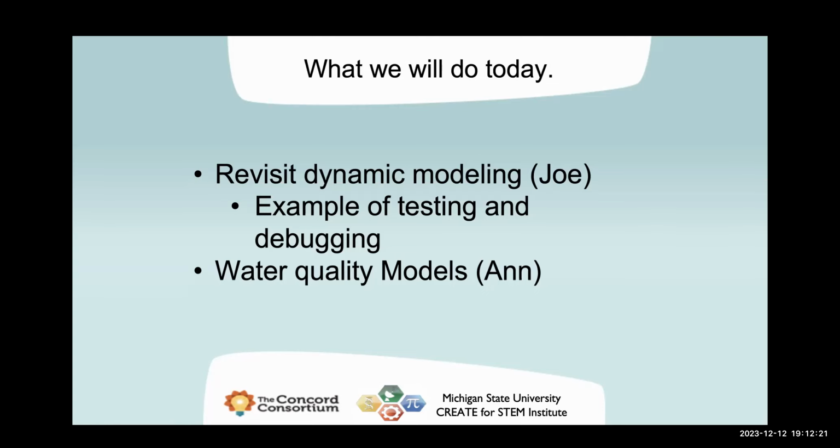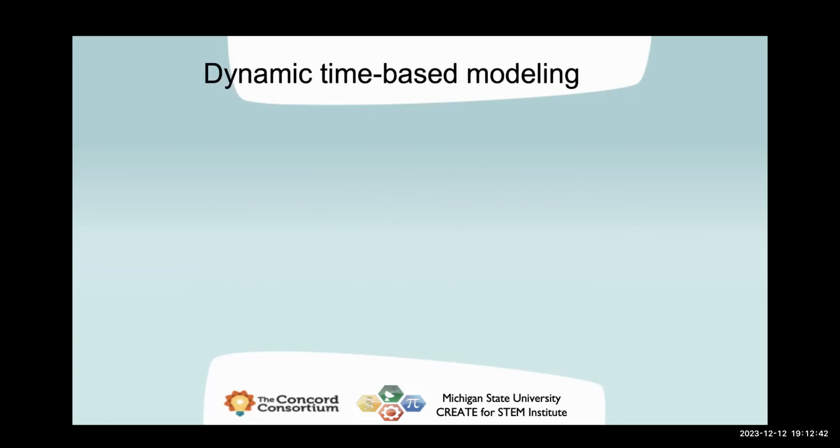If you're going into 9th grade and you've really got a lot of time to work with your kids on dynamic, it's okay. But in general, when you're more in the middle school range, you really want to focus on static modeling. So Ann's going to share with you some of her experiences in building models at the middle school level in water quality.